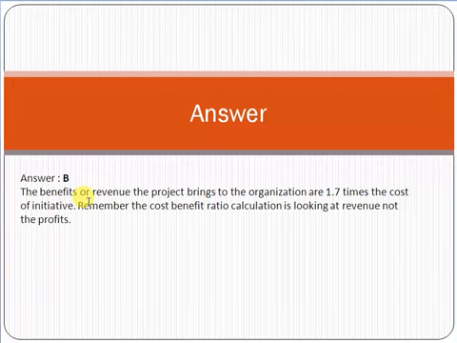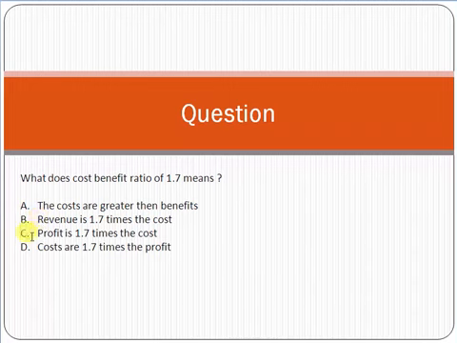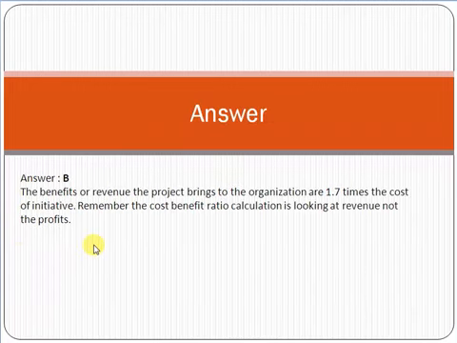And also remember one thing, maybe you are thinking why the answer is not C. Because the cost benefit ratio calculation is looking at revenue, not the profits. When we are talking about the cost benefit ratio, it basically talks about the revenue, the benefits. Benefits can be tangible or intangible, but basically they are talking about the revenue.